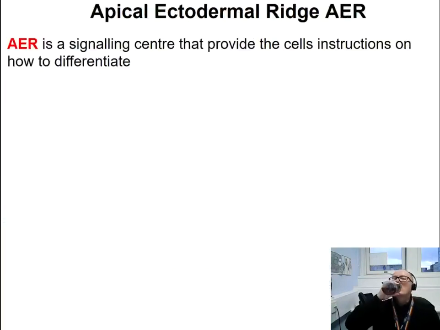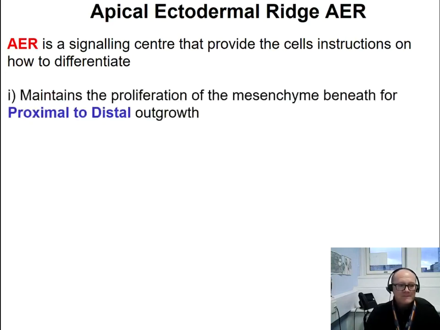Now, why is this apical ectodermal ridge so important? Well, the apical ectodermal ridge is a signaling center that provides positional information to the cells, so they are able to differentiate in different parts of the limb.